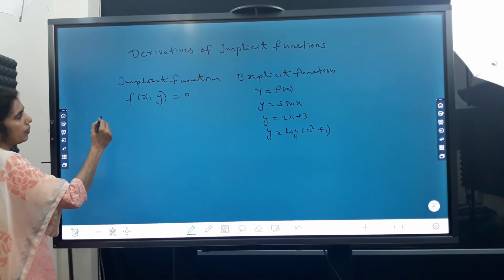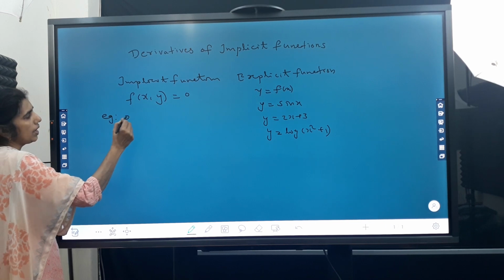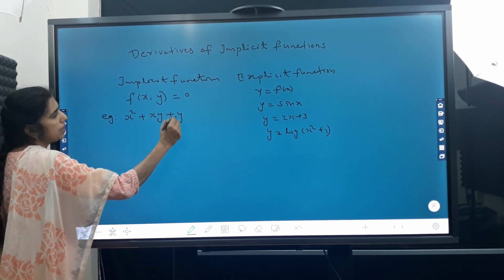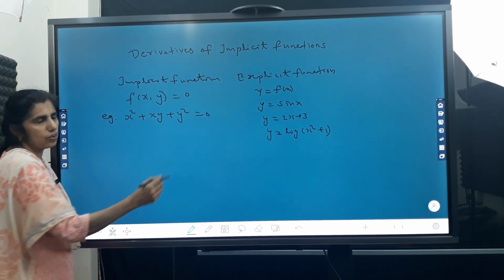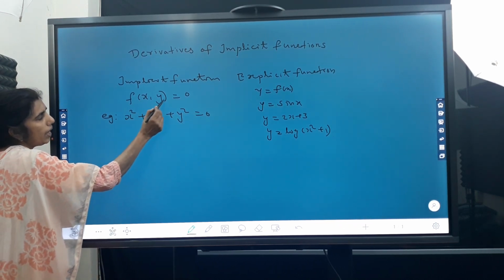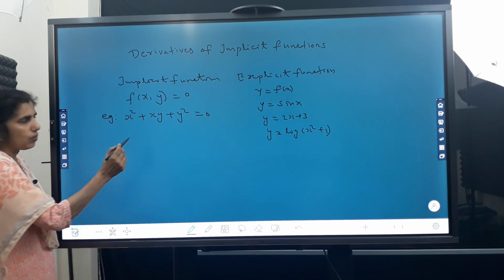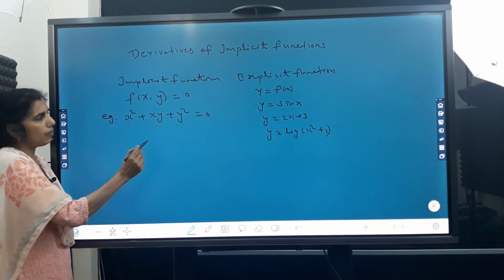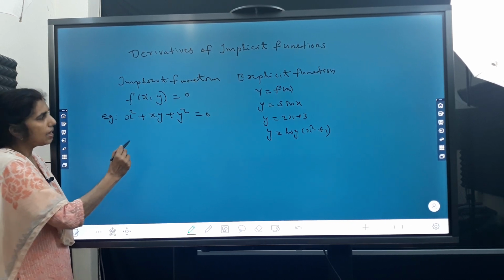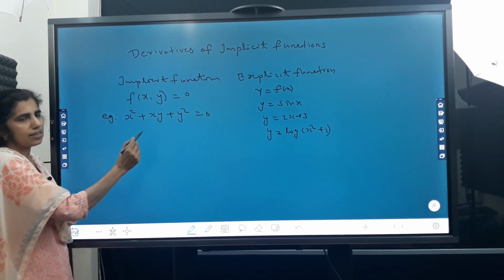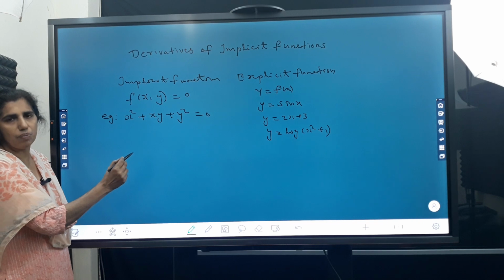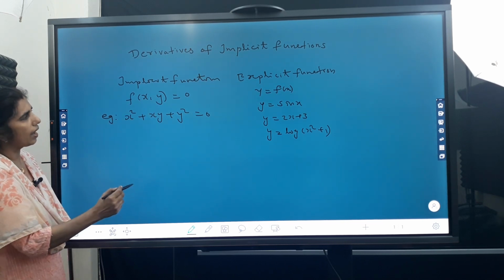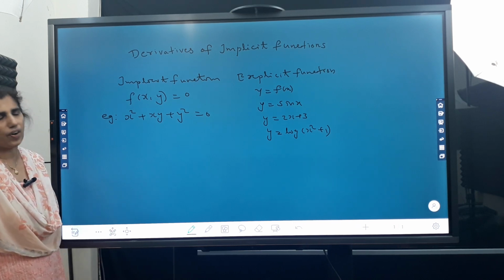For example, look at this equation, x square plus xy plus y square equal to 0. It is of the form f of x, y equal to 0. So here directly y is not given as a function of x, but indirectly we can see that there is a relation between x and y. Such functions are known as implicit functions.